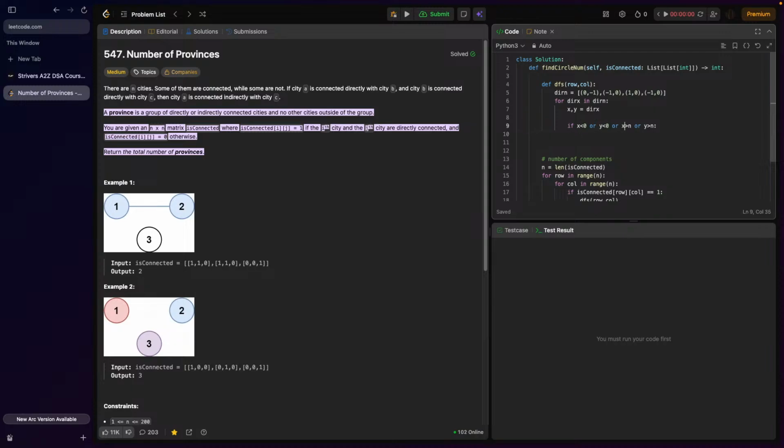In fact it will be greater than or equal to n, because it's a zero-indexed matrix. If that's the case, then you just continue. If it's not the case, however, you do the following: you make isConnected true.